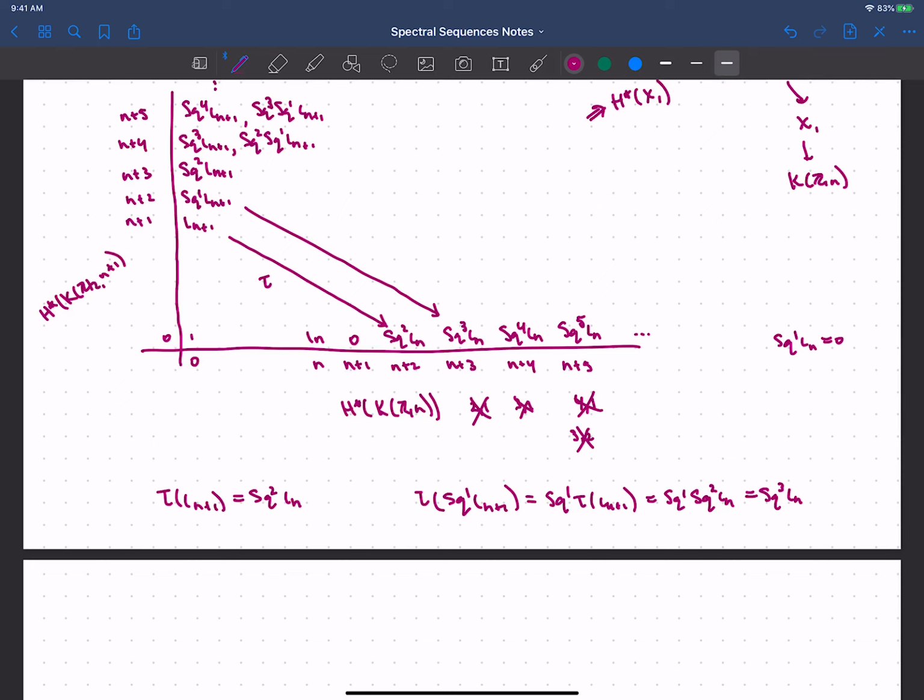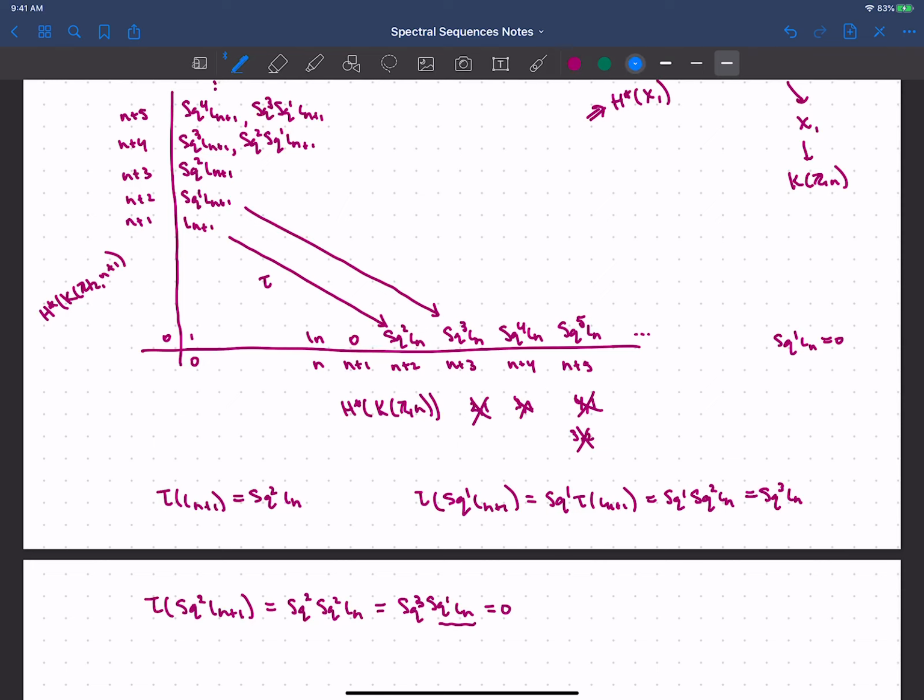Okay, we'll just keep going and try computing what the transgression does to a bunch of these. The next one's Sq^2 ι_{n+1}. Well, I can pull the Sq^2 out and then get Sq^2 Sq^2 ι_n. That was one of our Adem relations, and that's Sq^3 Sq^1. Okay, so Sq^3 Sq^1. Oh, but now I've got Sq^1 ι_n, which is 0. So that one's just 0.